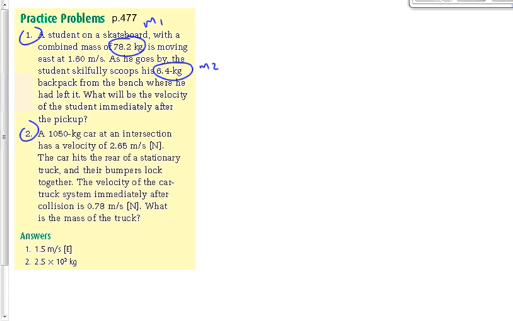Now, this velocity right here, is that going to be V1 or V2? This 1.6 meters per second would be V1, right? It's the velocity of the student and the skateboard. But is it V1I or V1F? Initial or final? It's initial, V1I.